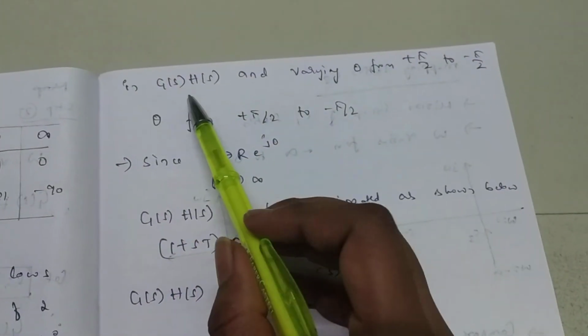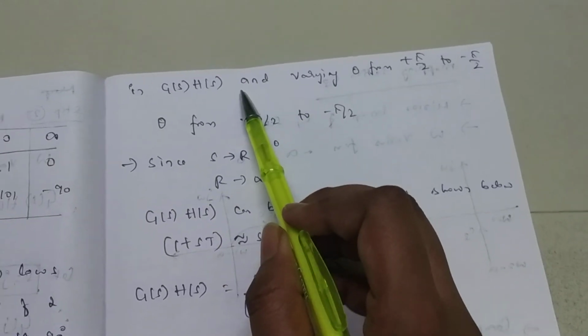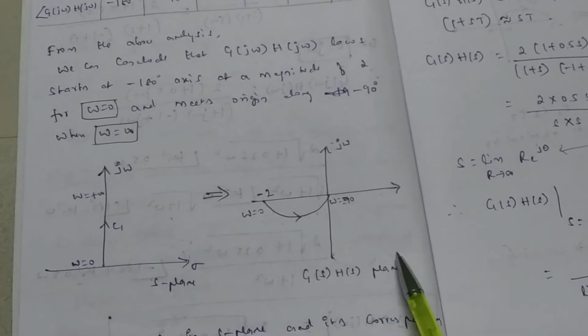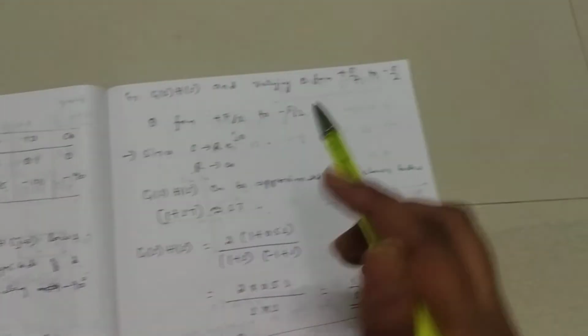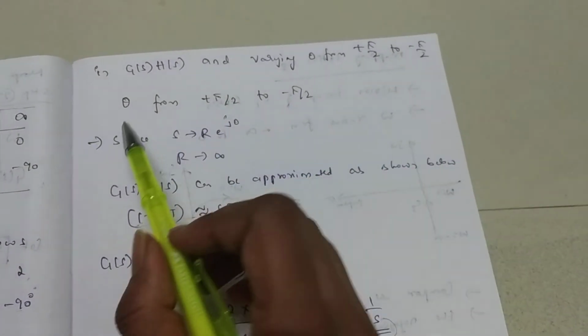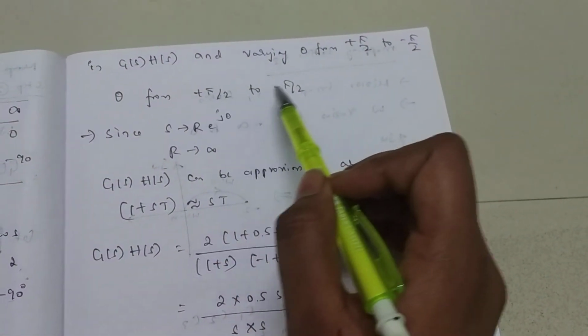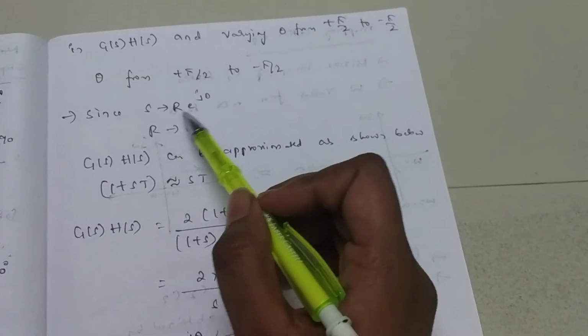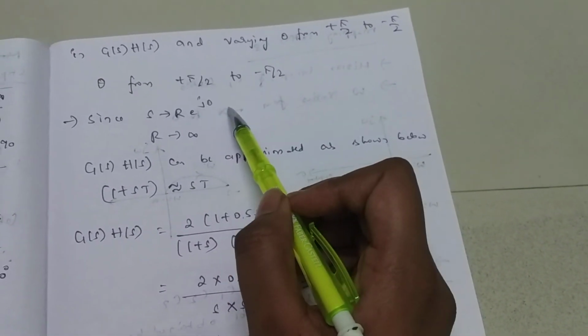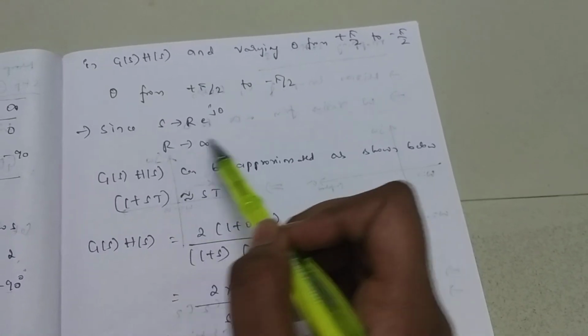See here, in G(s)H(s), the first mapping section is C1 from 0 to infinity, right? Similarly, for the C2 section theta goes from plus pi by 2 to minus pi by 2, since we have taken the s value as r e power j theta and r tends to infinity.